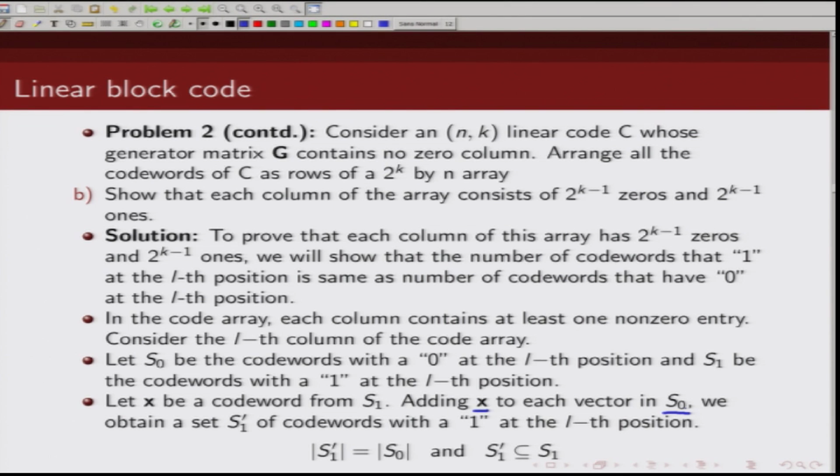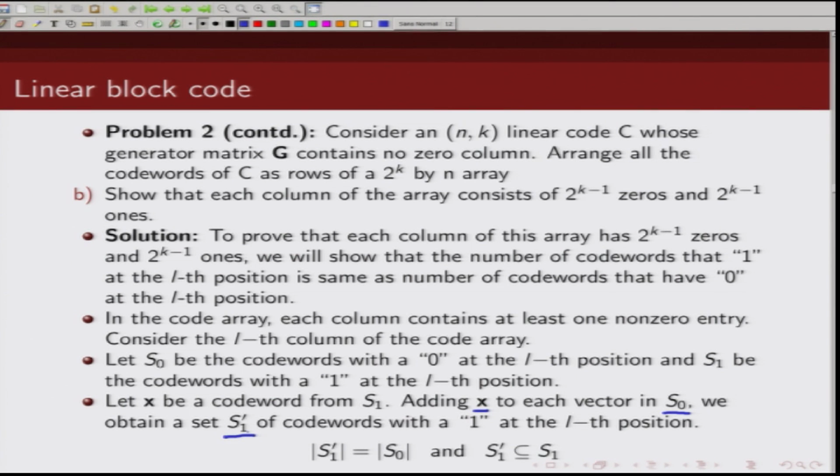What we will get is a set containing 1 at the lth location. Why? Because S0 is a set that has 0 at the lth location, and x is taken from the set S1, so x has 1 at the lth location. So, if we add x to the elements in S0, there will be a 1 at the lth bit location.